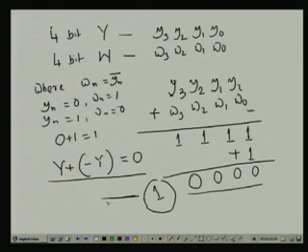Then what can we call this now? See that this all 1, say if I define it in this way for a 4-bit number, this all 1 is actually 2 to the power 4 minus 1.